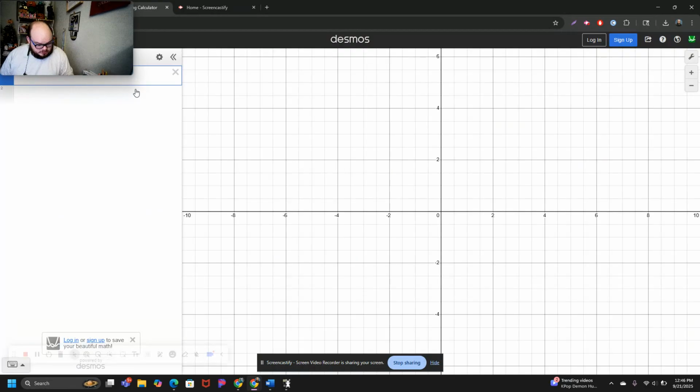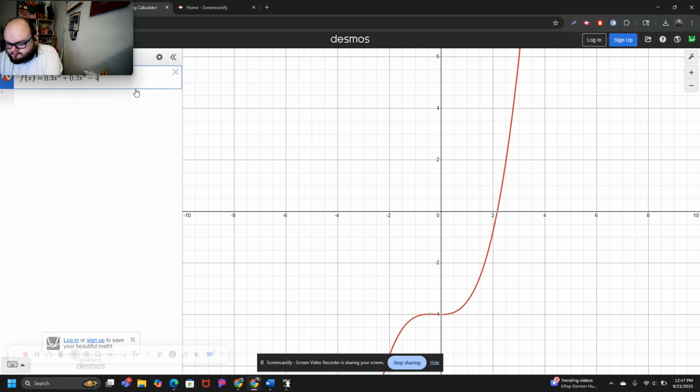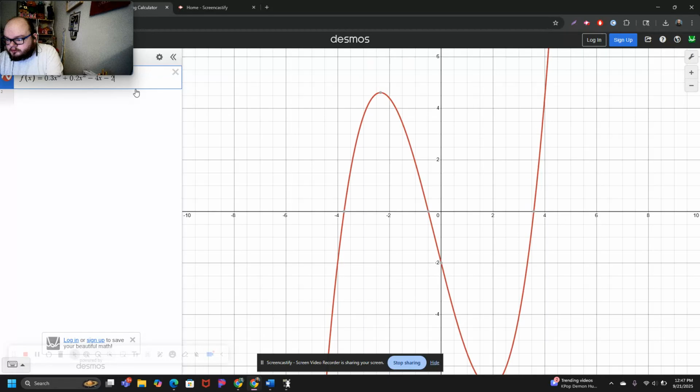And I would use Desmos for this. Okay, so I would put this equals 0.3x to the third power plus 0.2x squared minus 4x plus, well, that's minus 2. Okay, and there's my graph, and I would just copy my graph over to my picture.